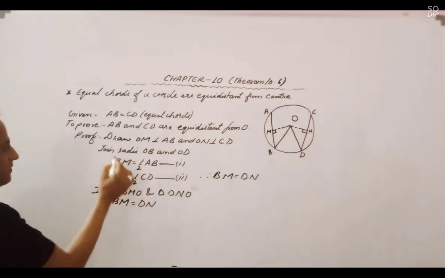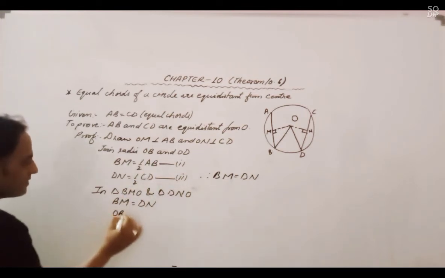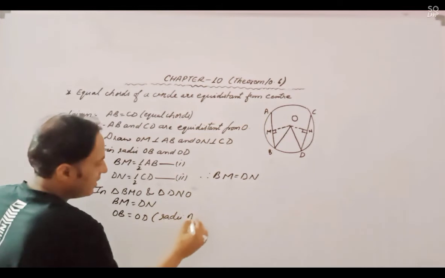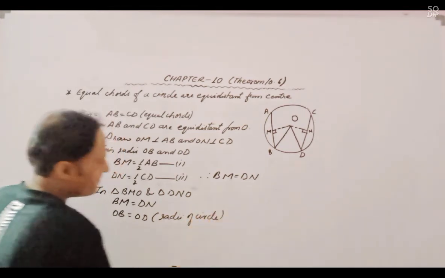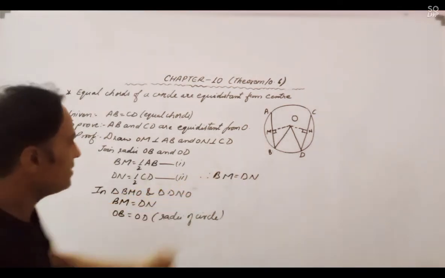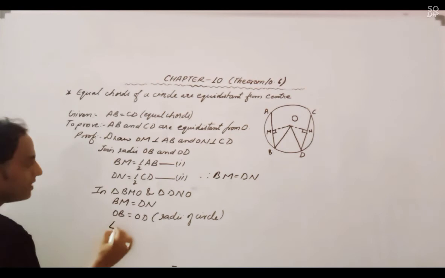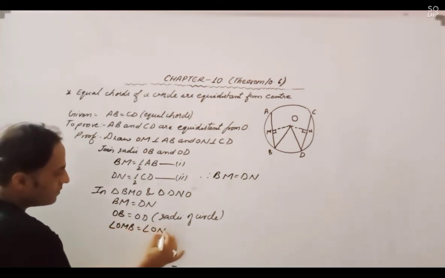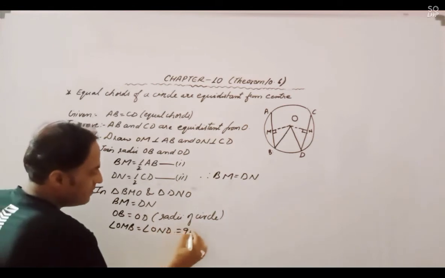We had done this earlier, so we'll write OB is equal to OD, radii of circle. After writing this, we will see that these are perpendiculars. So we can say that angle OMB is equal to angle OND, which is equal to 90 degrees.